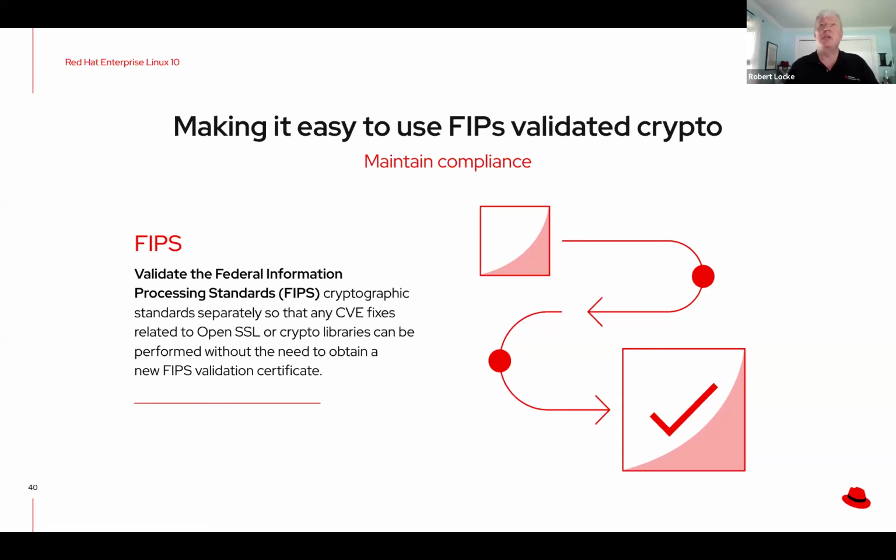This new feature enables the FIPS cryptographic standard to be validated separately so that going forward, any CVE fixes related to OpenSSL or other crypto libraries can be performed without the need to obtain a new FIPS validation certificate.